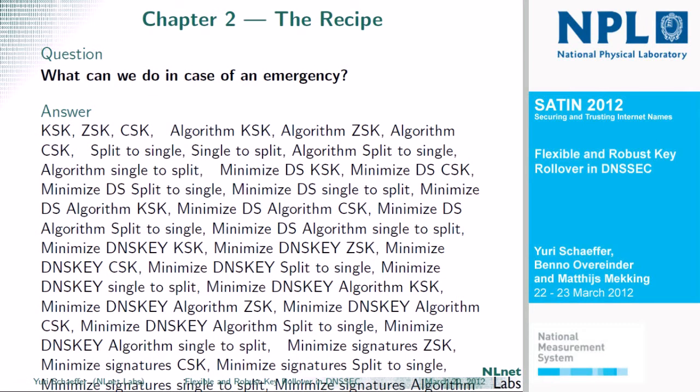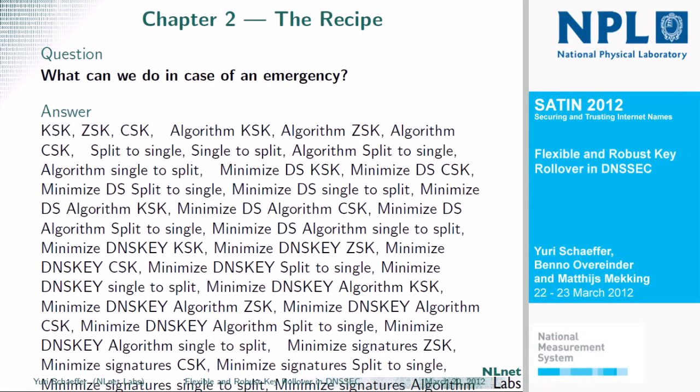That means in every step of every rollover, I should have a plan to go back or continue with a new key. And then I'll need many slides to do this.